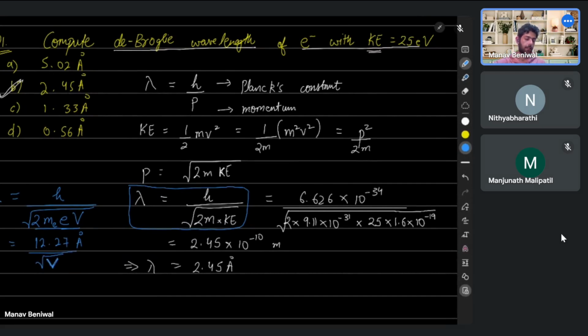For example, in this case, V was 25. So your lambda will be 12.27 divided by under root 25, which is simply 5, and this will give you 2.45 angstroms.